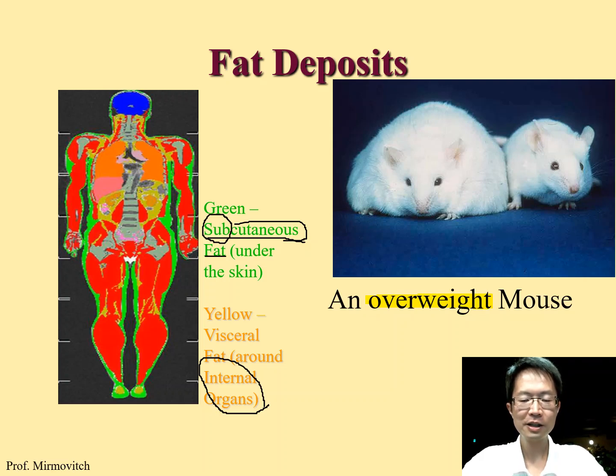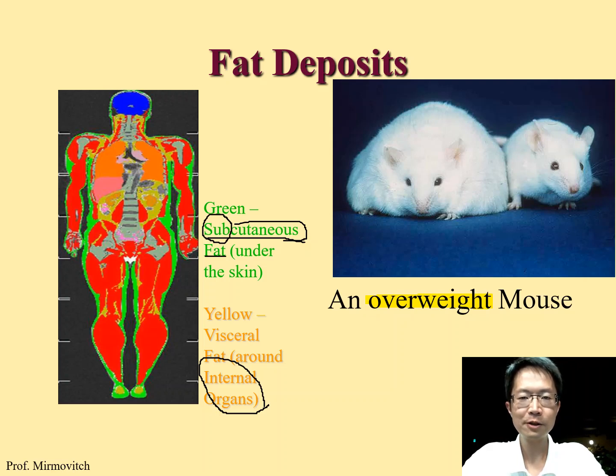So let me ask you this question. Other than subcutaneous fat and visceral fat, where can we store fat in our body? See if you know the answer. I will let you think about this. Well, I don't know if you got this or not, but we can store fat in bone marrow.